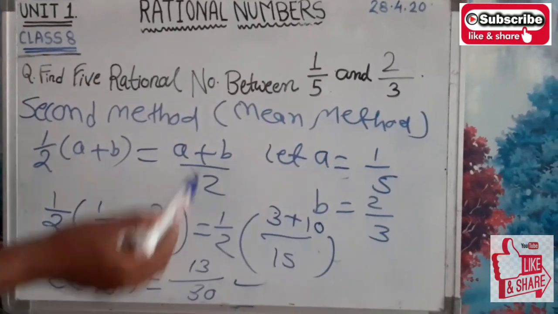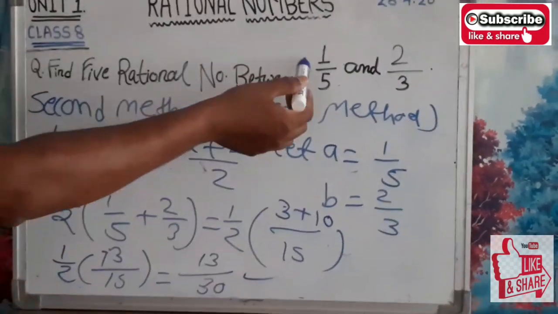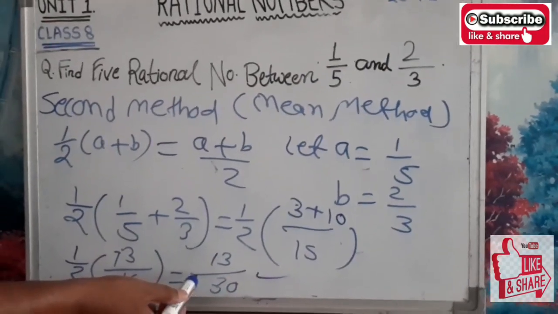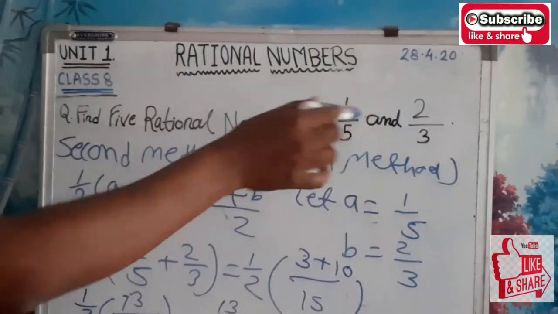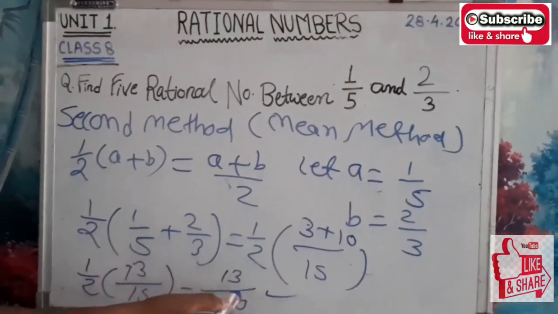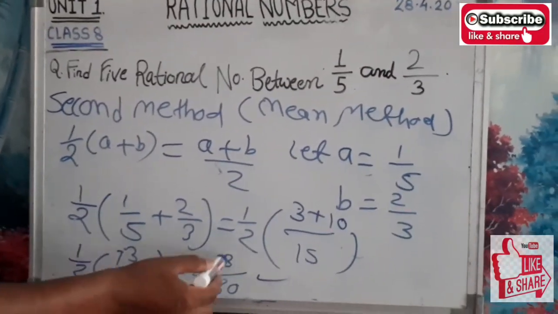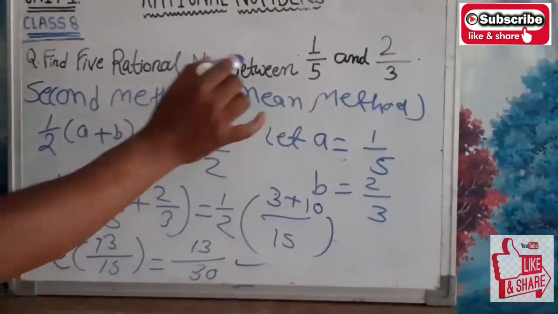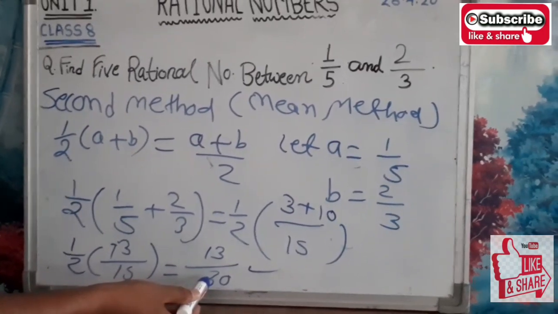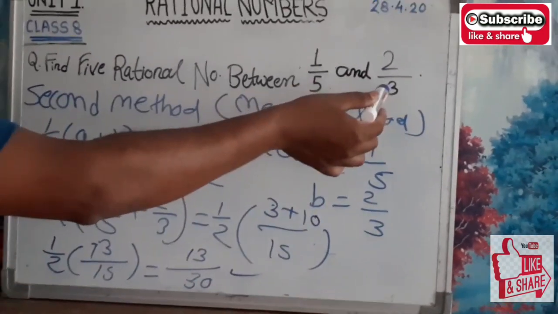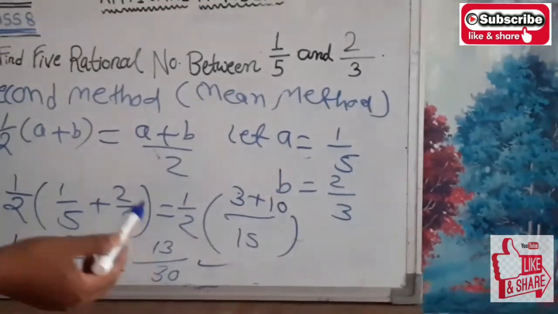After that, you can consider A and B again: the first one A, the second one B. Now we have got 13 by 30, a rational number between both numbers. So consider this number as B, or consider it as A. It depends on you.